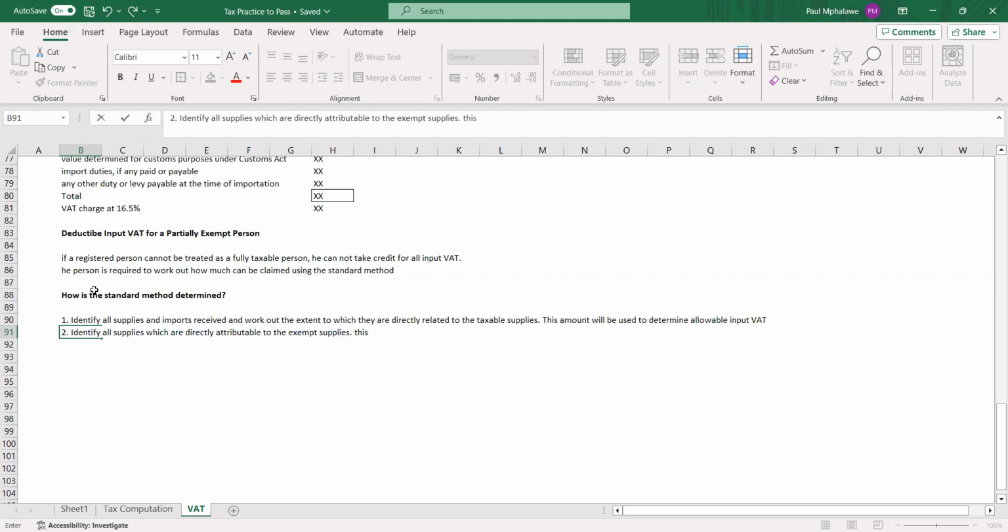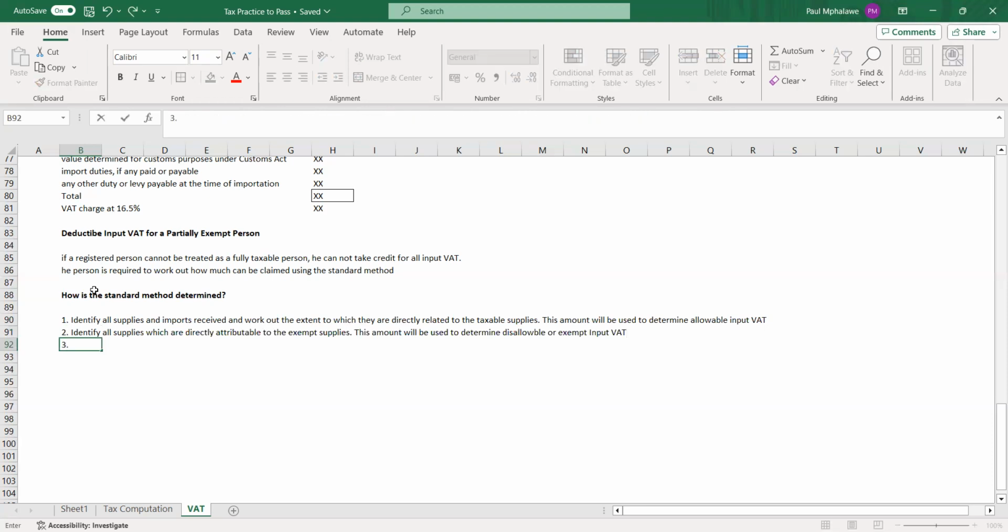So this amount will be used to determine disallowable or exempt input VAT. Identify all supplies which are directly attributable to exempt supply. So there are supplies attributable to taxable supplies, and there are supplies attributable to exempt supplies. Those are the second one that you identify.